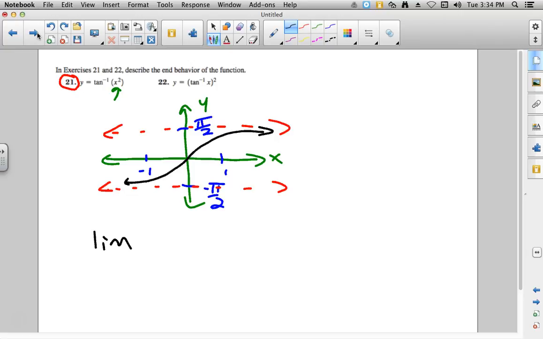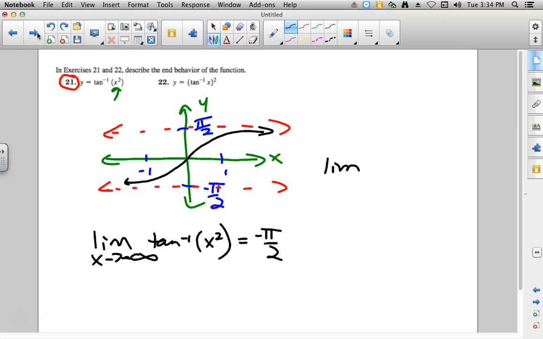So the limit as x approaches negative infinity for the inverse tangent of, it doesn't matter what, but they asked for x squared, we know from the graph what's going to happen. If it's x squared, if it's x to the third, it doesn't make any difference. If we go to the left forever, this graph is going to approach negative pi over 2.